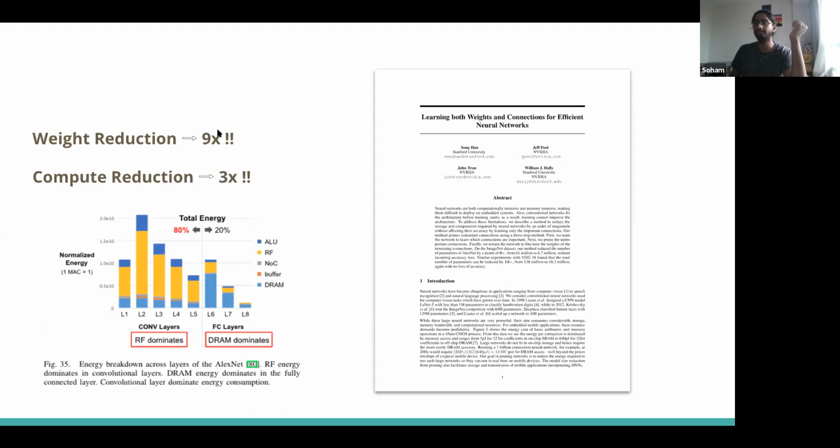So by reducing your weights by 9 times, we're saving this yellow part and this light blue part a lot. And that kind of savings is not something you can get by just quantizing your model.